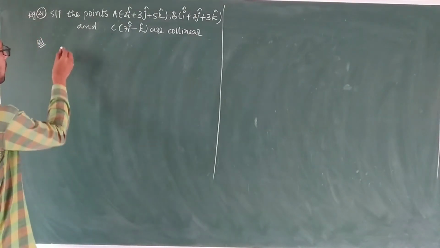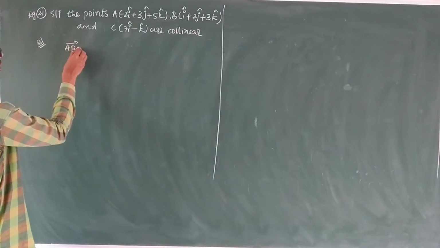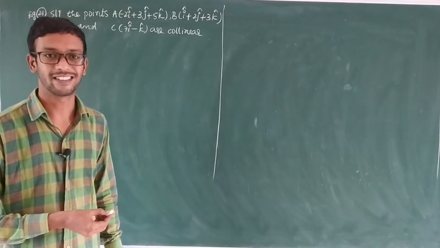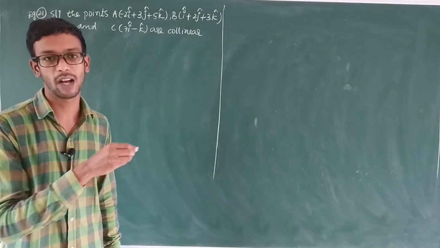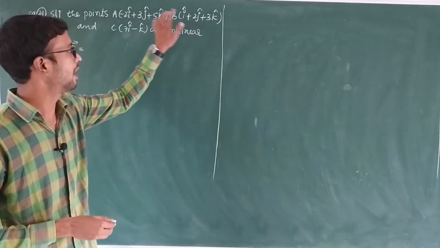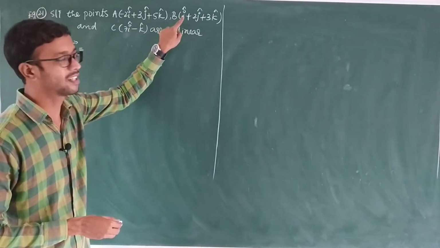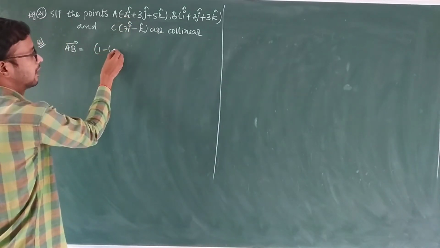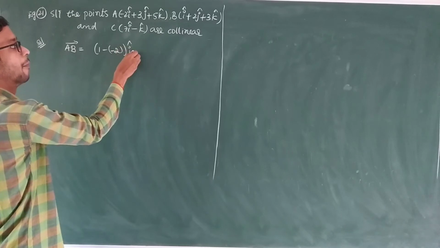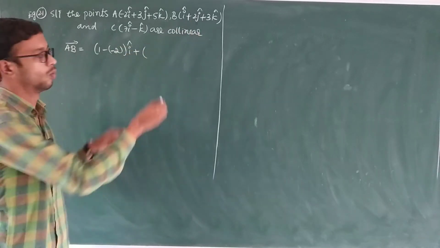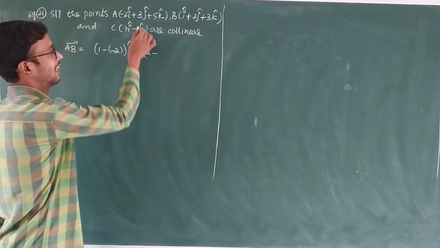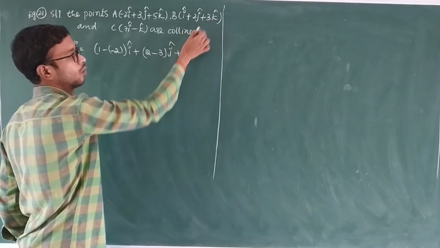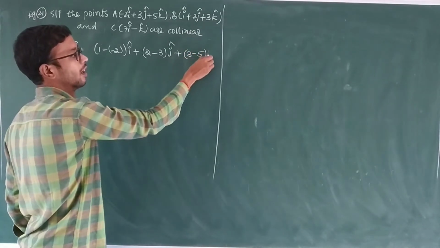I find AB bar vector first. AB bar we already discussed in previous exercises. AB bar means OB bar minus OA bar. So you have to take just the corresponding coefficients.